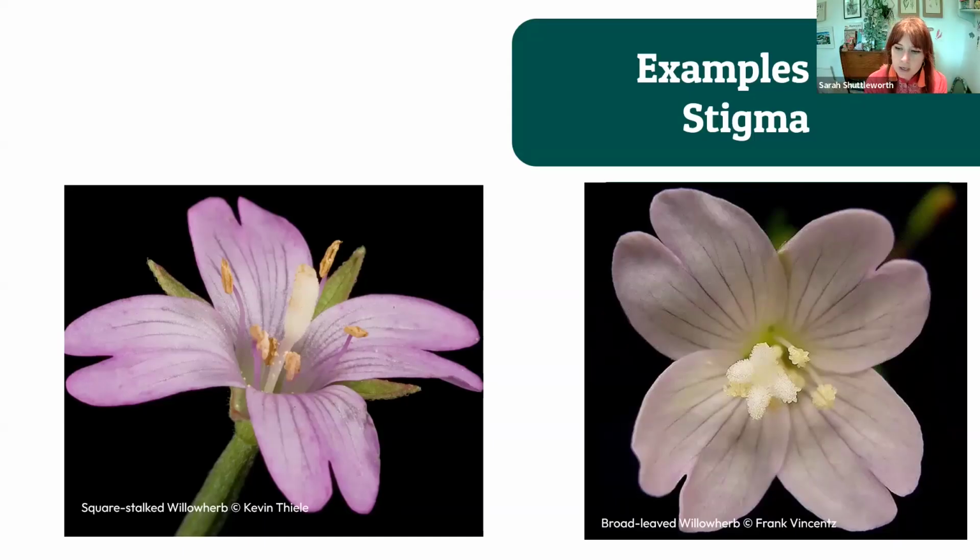Whereas on the broad-leaved willow herb, you can see that we've got those 4 divisions, if you will. So 4-lobed or 4-spiked. It's referred to in different ways in different books, but we've essentially got the 4 divisions of the stigma. So again, that would help you when you're looking at the description of the species, but in the key, that could be an absolute separation of going one way to the other.